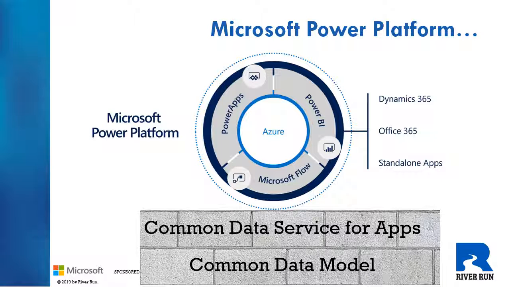The power is all built, remember, on the common data service and the common data model, which allows us to take things from SharePoint into Outlook, from Salesforce, or wherever we have a connector.